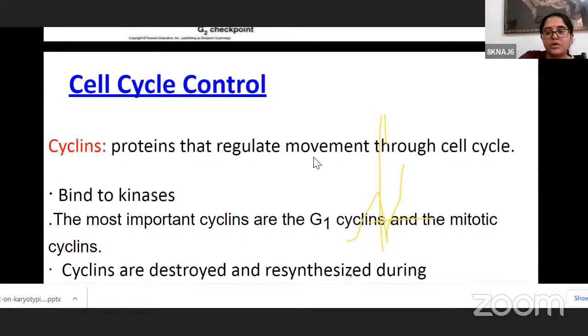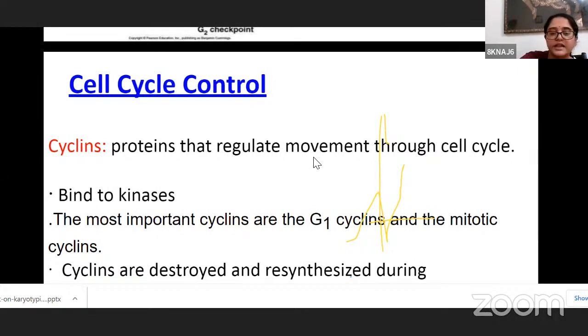Cyclins are the proteins that help regulate the movement through the cell cycle. You have a CDK, that is cyclin dependent kinase, and cyclin dependent kinase complexes. You have a G1-CDK cyclin complex, then an S-CDK cyclin complex, a G2-CDK cyclin complex, and an M-CDK cyclin complex.